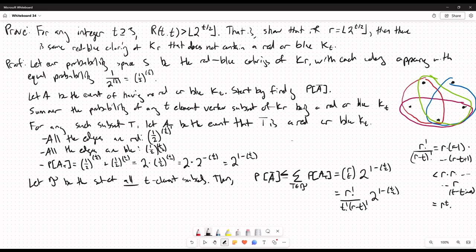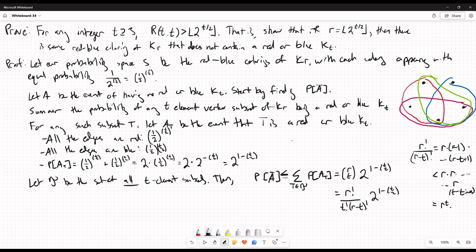If you want a nice combinatorial explanation of this, this is basically the number of ordered subsets, sequences where order matters and repetition isn't allowed. And we're saying that the number of things where order matters and repetition isn't allowed is less than the number of things where order matters and repetition is allowed.